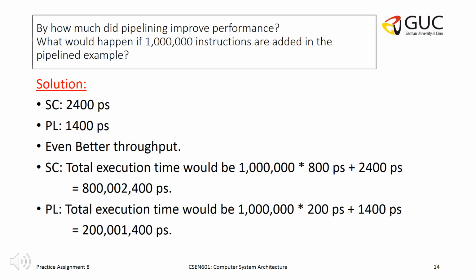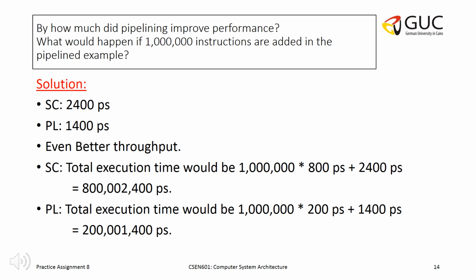In order to compare two implementations, we should know how much time each of them takes. So the total time in single cycle, as we see here in the solution, is 2,400 picoseconds.